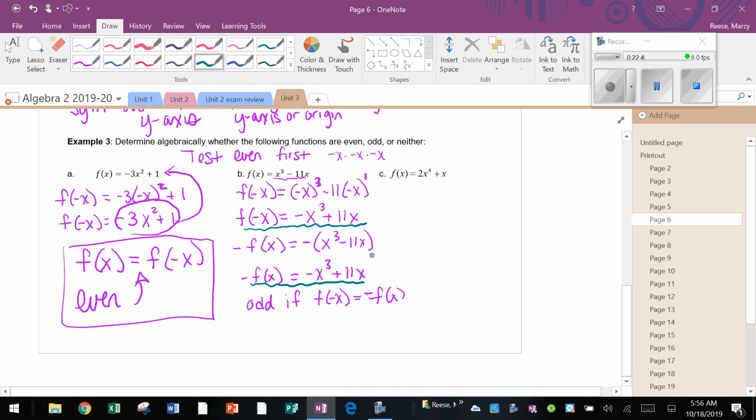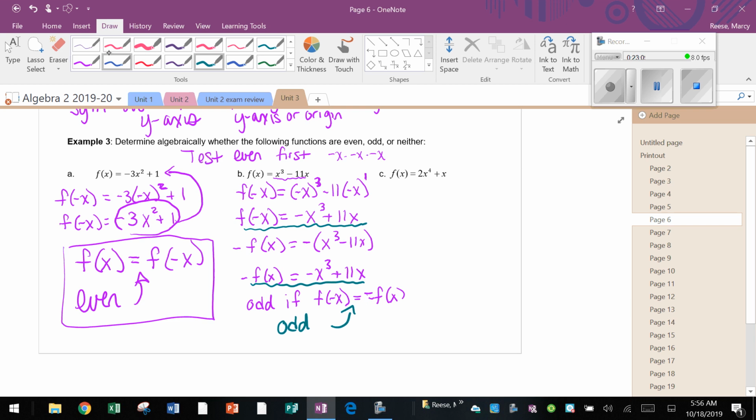And look at those, they match. So it is odd because of that. All right, so if those two match, then you know it's an odd function.